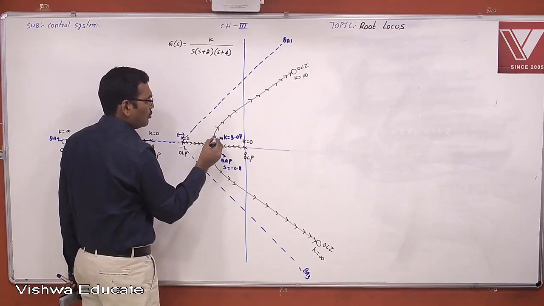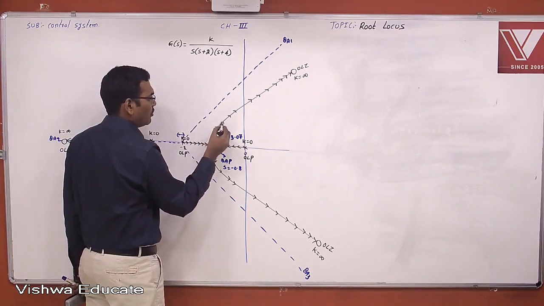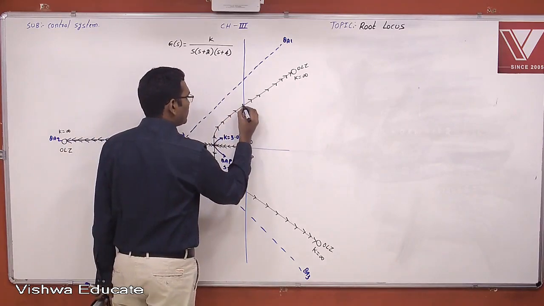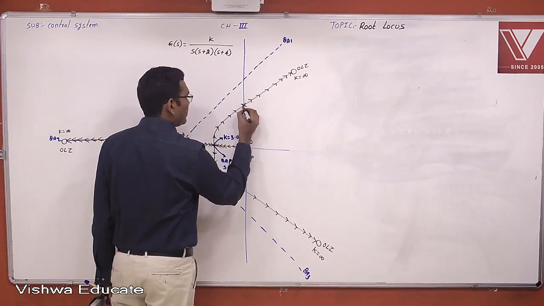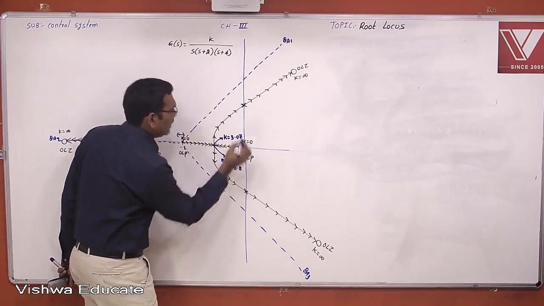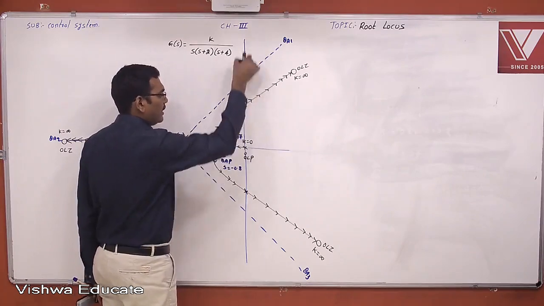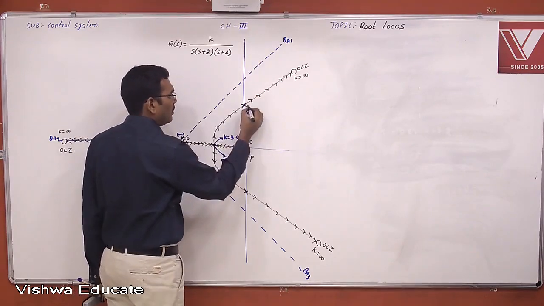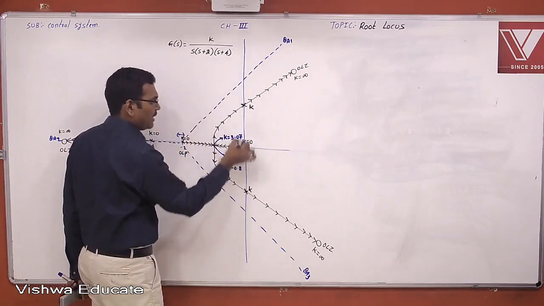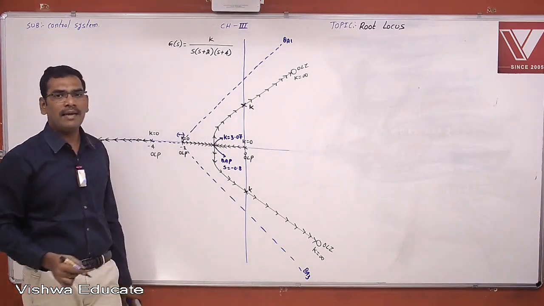Now K equal to 3.5, K equal to 4, K equal to 5, K equal to 6, K equal to 7. Now the question is, what is the value of K when the root locus branches intersect the imaginary axis?